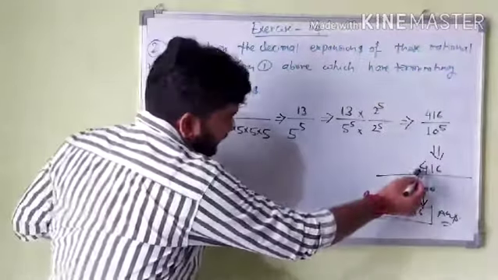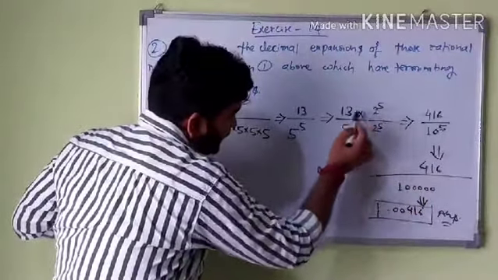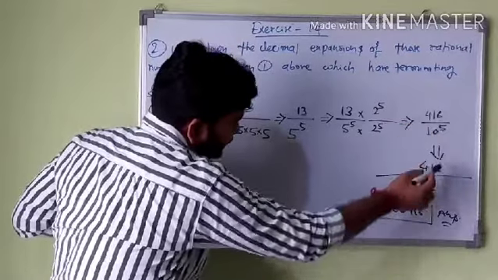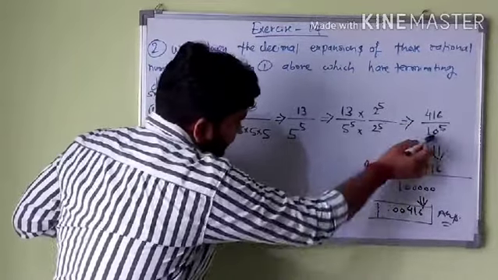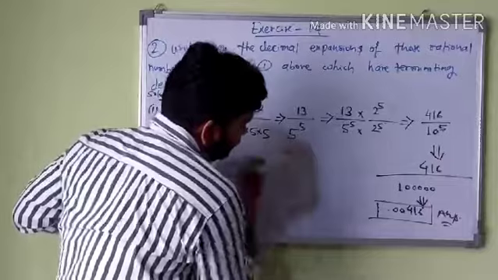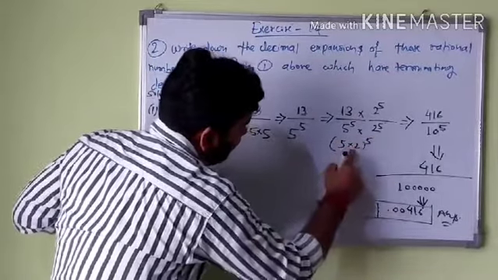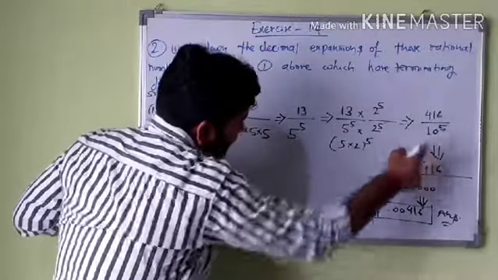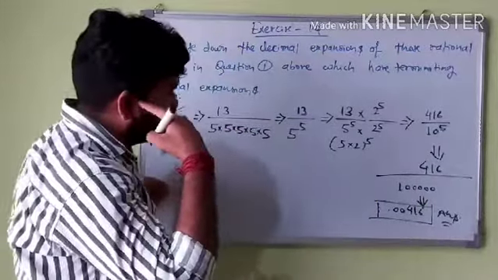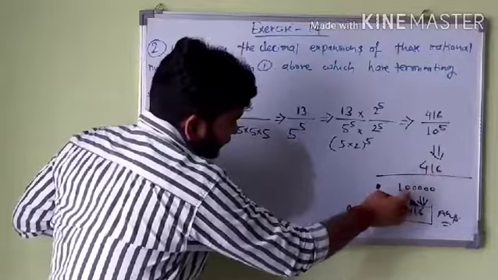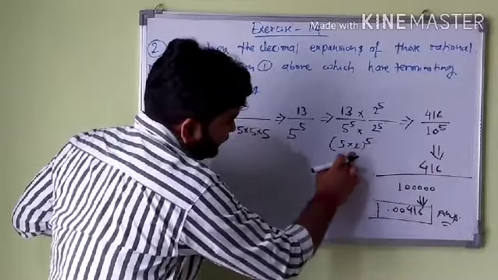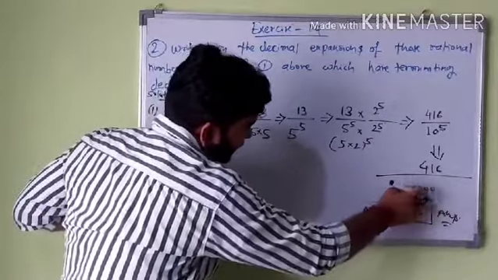We can write it this way: when we multiply this, we get 416, and we can write 10 to the power 5, and then 416 over 10 to the power 5. That means there are 5 zeros.